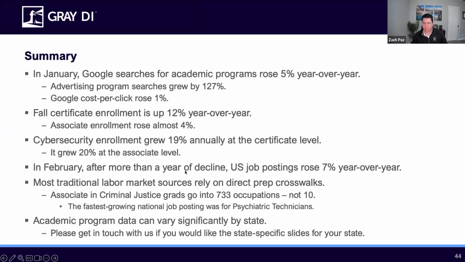And in February, after years of declines year over year, February was the first month that we've seen year over year growth, 7% in job postings growth. And just a reminder, when you're looking at occupation data and comparing it to your programs, try to get data that helps you understand where your graduates actually go once they graduate.